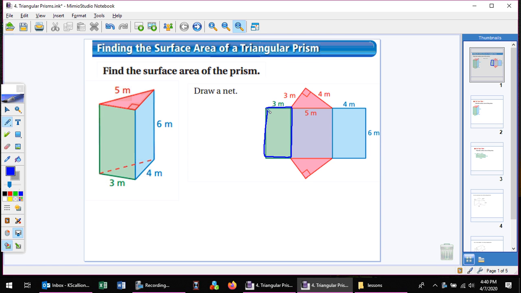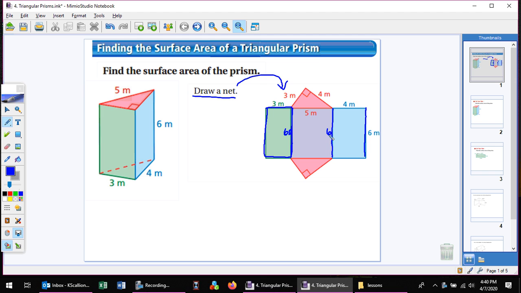Essentially what we're going to do is make a net. This is a net, the flat layout, making it from a three-dimensional to a two-dimensional object. So we're going to lay it out. We've got a rectangle that's 3 by 6, because if this side has to be 6, then this side has to be 6, and this side has to be 6 as well.